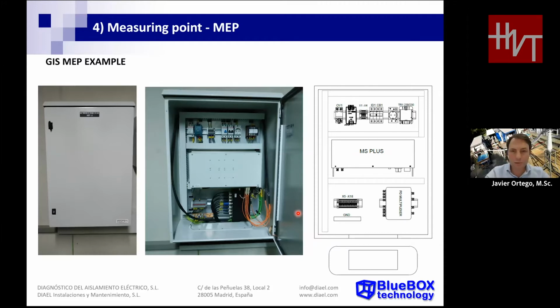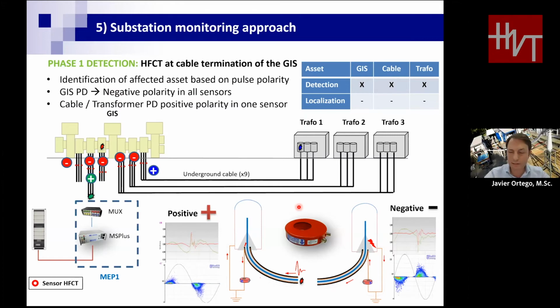In order to install this continuous monitoring system in a substation, we can distinguish different approaches, depending on the capabilities of the system. We will analyze the most optimized solution. This is the first approach, and we will call it detection, just detection.